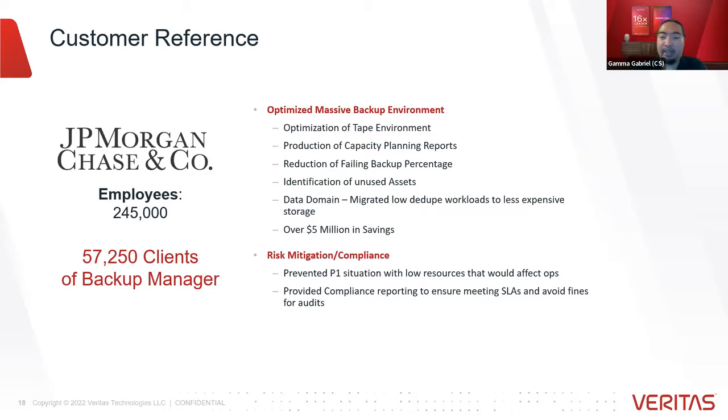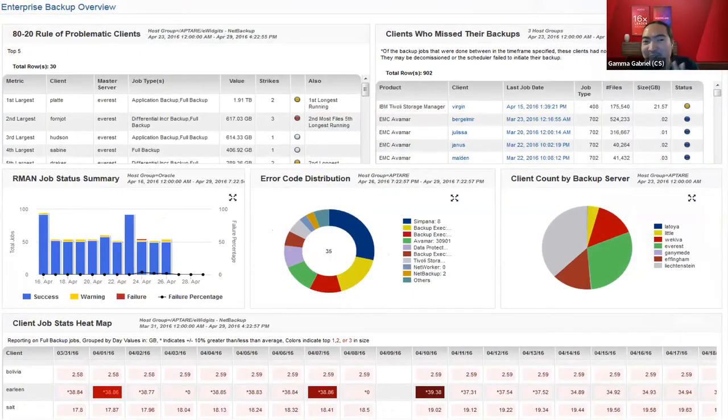Okay. And they were able to also improve their compliance reporting because of the accuracy of what Aptar was able to deliver. And just to share a little bit, this is an example of the dashboard they had. So I'll just talk about some of the items because a lot of this is self-explanatory, such as Aramen job status.